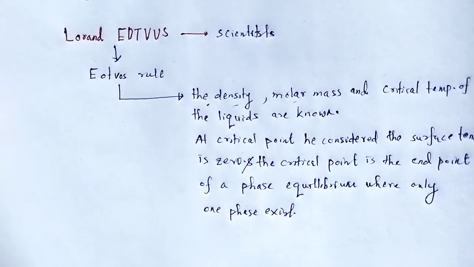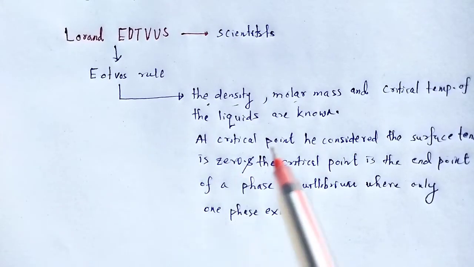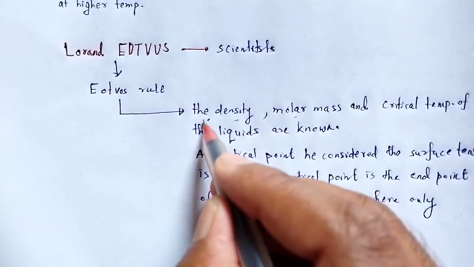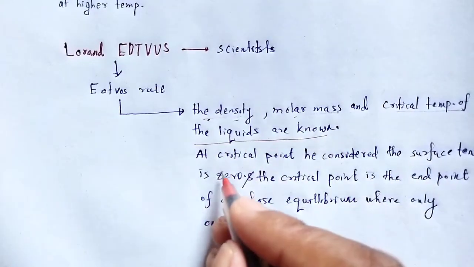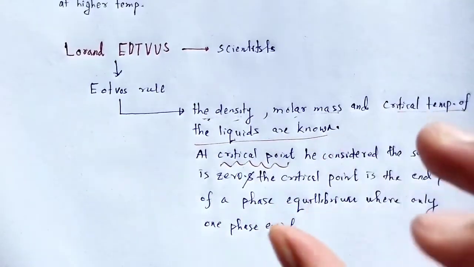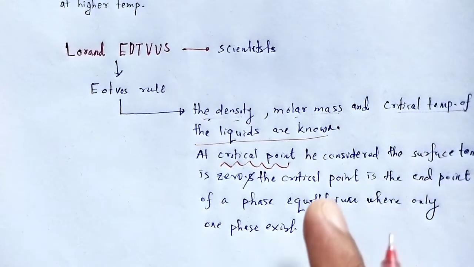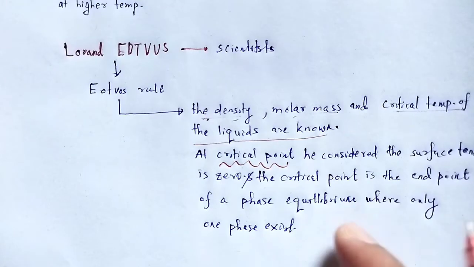Just remember Eotvos rule defines the variation of surface tension with temperature, in which the density, molar mass and critical temperature of the liquids are known. Then at the critical point, the surface tension is considered 0, and the critical point is the end point of a phase equilibrium where only one phase exists.